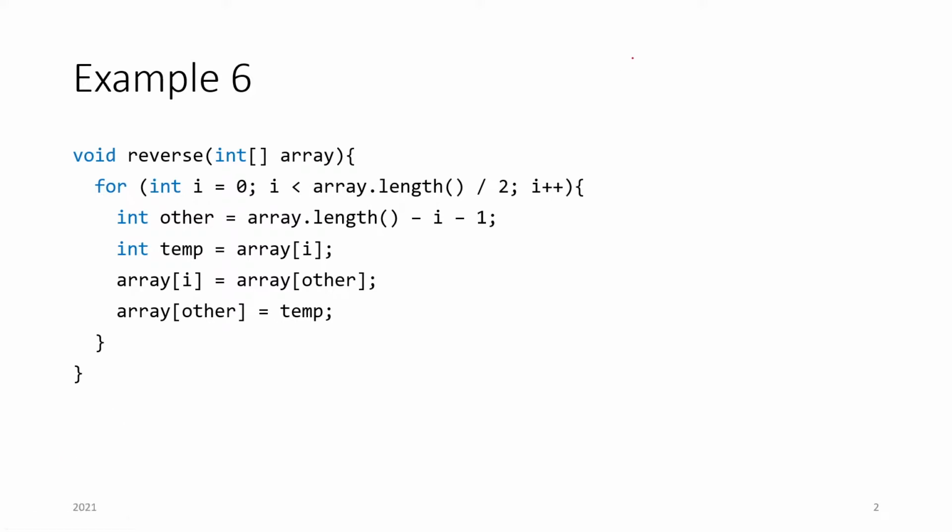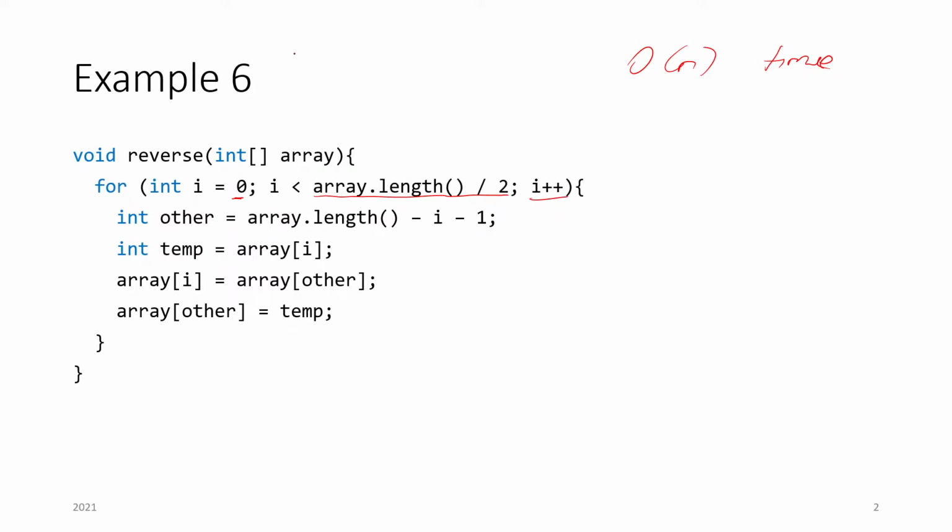So this runs in O of n time. Let's see why it runs in O of n time. We start at 0 here, and then we go up to the array length divided by 2. So we only go up to half of the array length, and we iterate through each one by 1 each time.